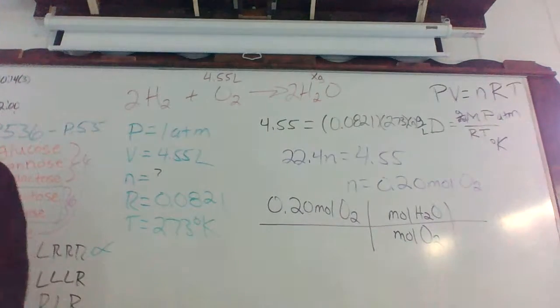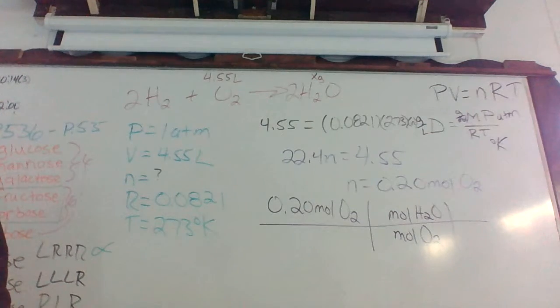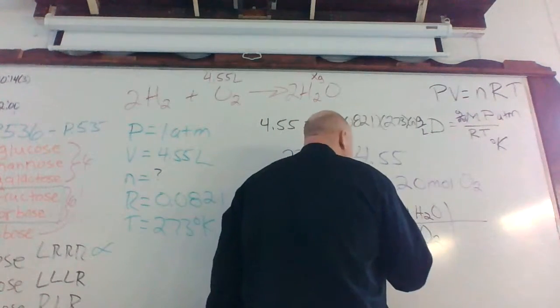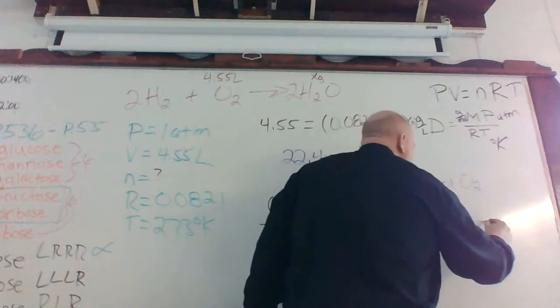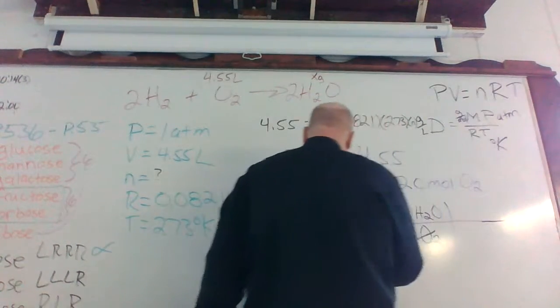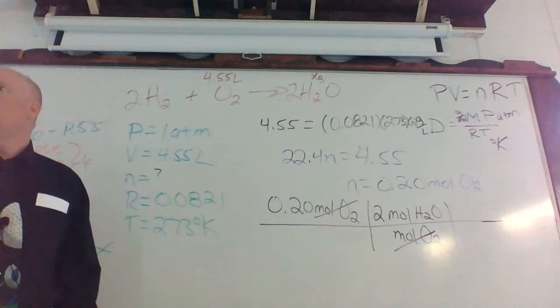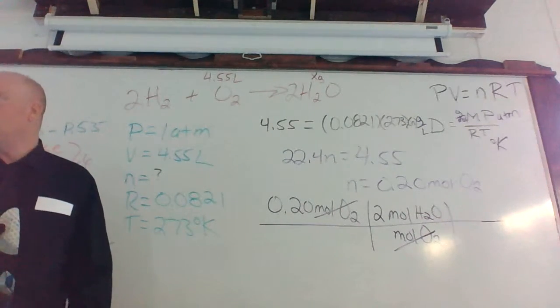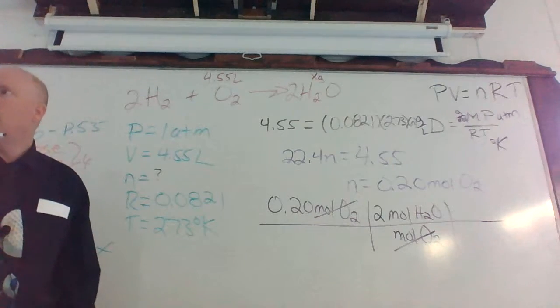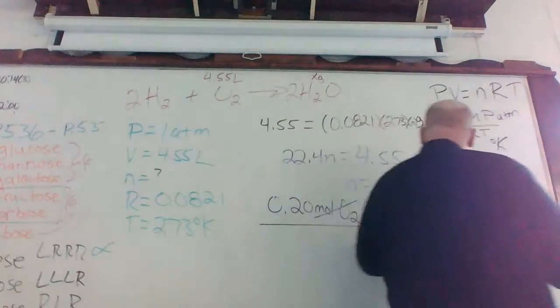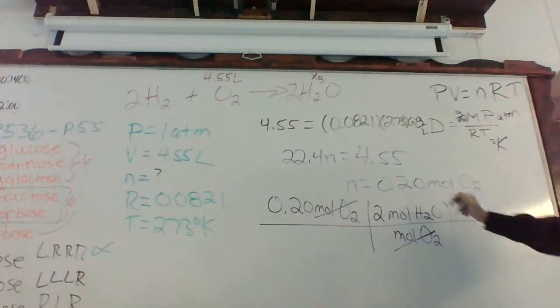So anytime you see a mole ratio, what do you need to do? Got to go back to your equation. Okay? Which then means, why is this step so important? It allows you to change what you have into what you want. So now we've converted our moles of oxygen now into moles of H2O.